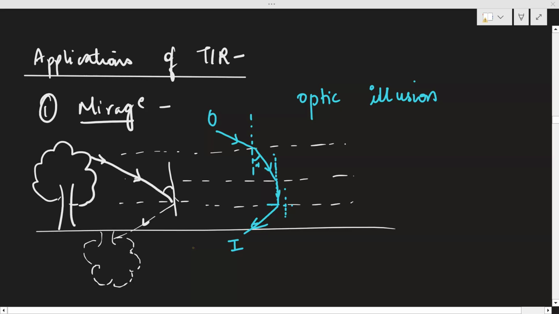Ma'am, one more question. If the refractive index of the denser medium increases, how will the corresponding critical angle change?